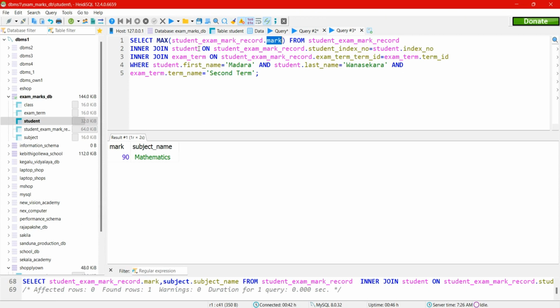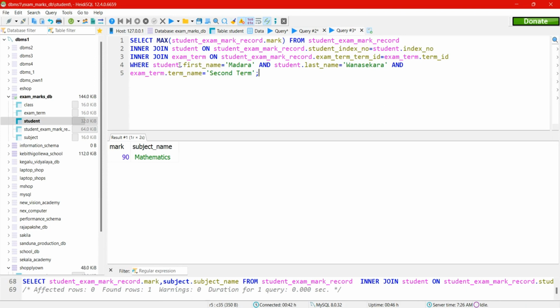We have used the student table because we are giving two conditions from the student table, the first name and the last name of the student, and we have used the exam term table because we need to find out the highest mark from the second term examination. That's why we have joined these two tables.